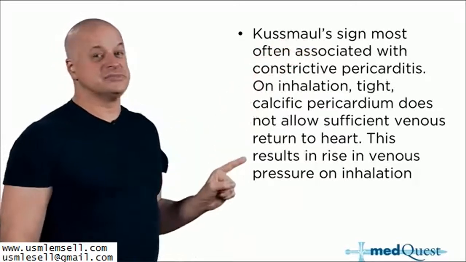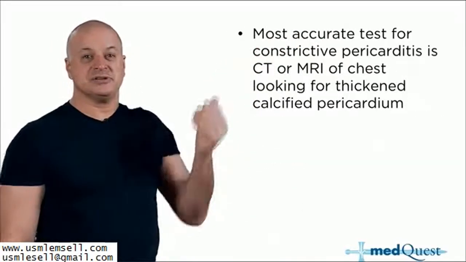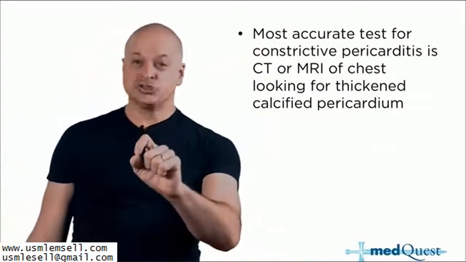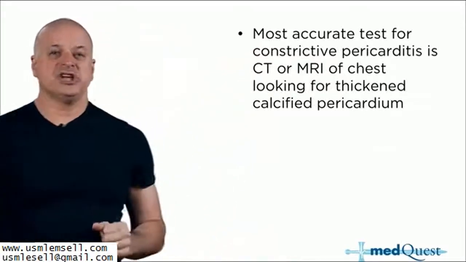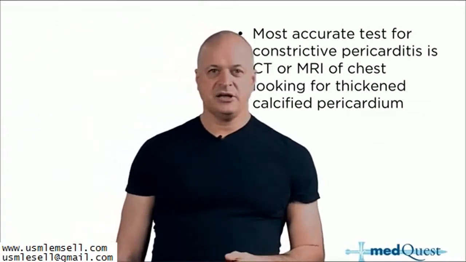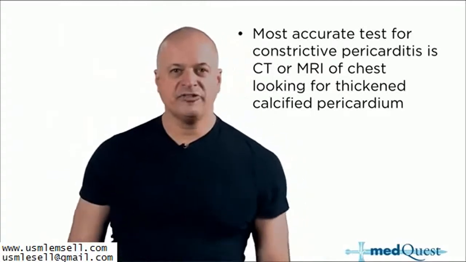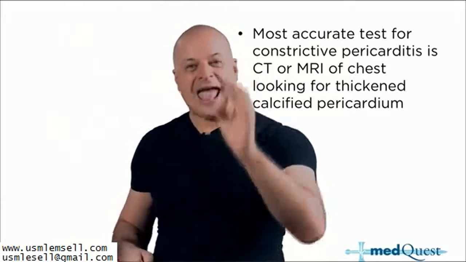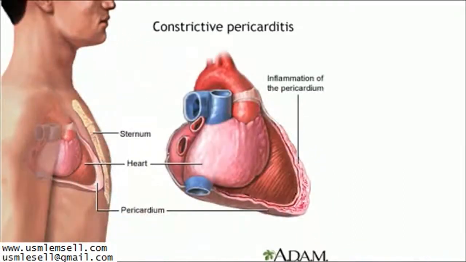Rises. It doesn't allow blood to return to the heart, so the pressure rises. The most accurate test for the constriction is to scan the heart, because constrictive pericarditis is a sign of an anatomic abnormality of the heart where it is encased abnormally, and anatomic problems are diagnosed with anatomic tests.